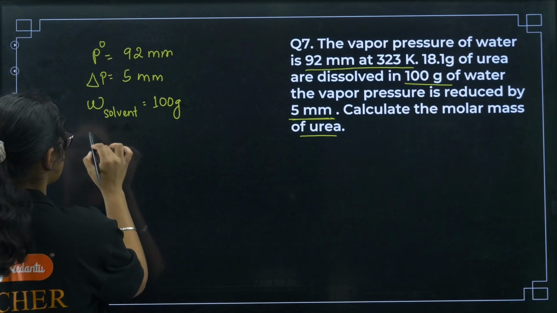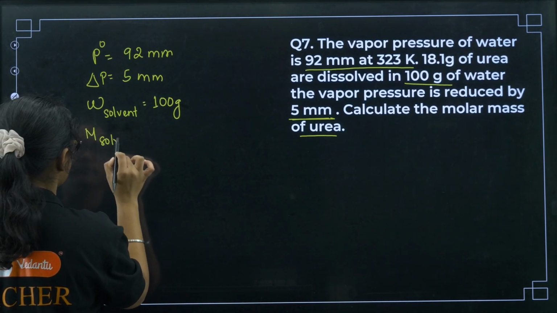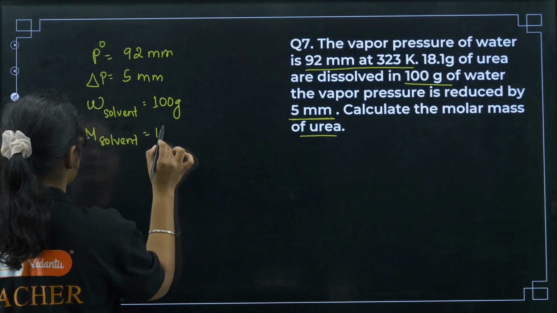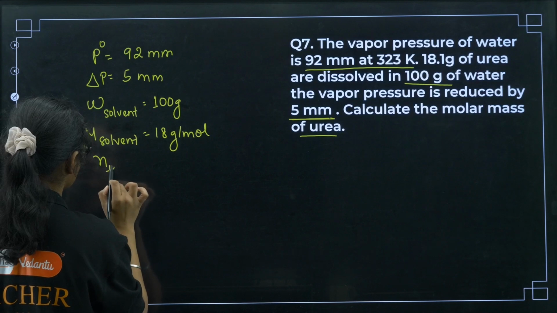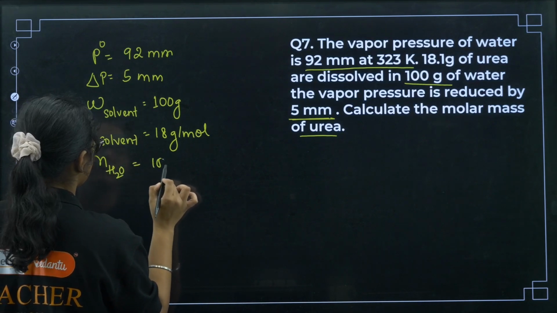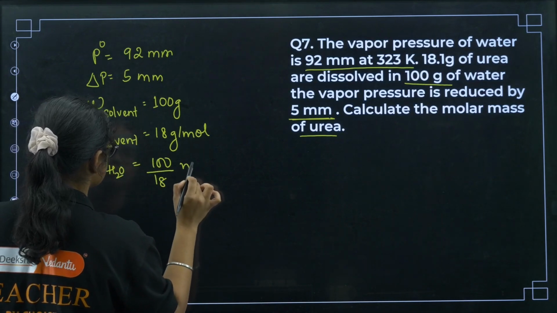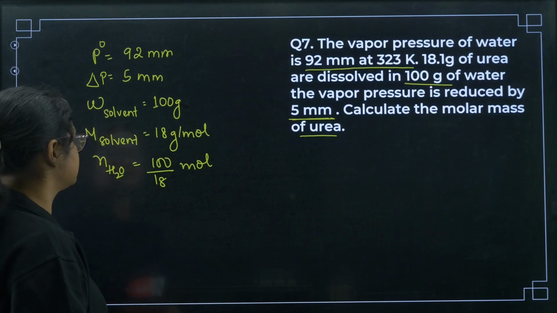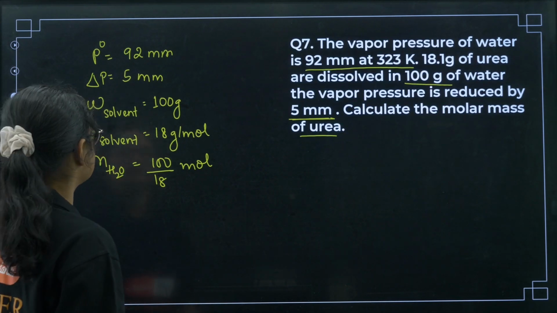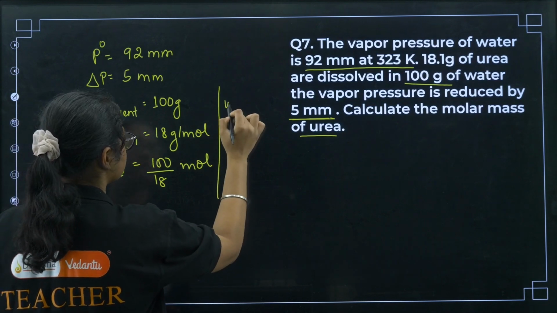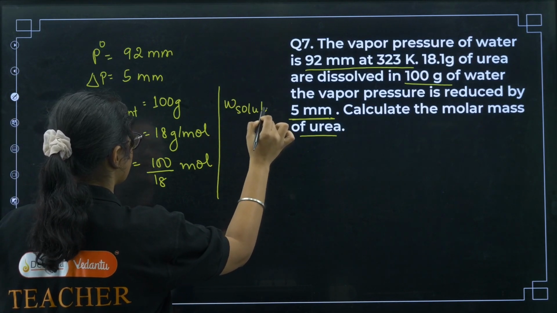I also have the molar mass of the solvent, and that is 18 gram per mole. So number of moles of water will be how much? 100 by 18 moles. Okay, this is done. Next we have to calculate the molar mass, and we have also been given the weight of the solute, right, which is how much?